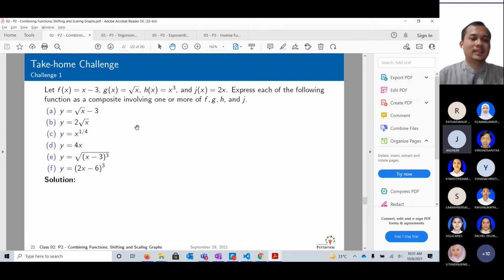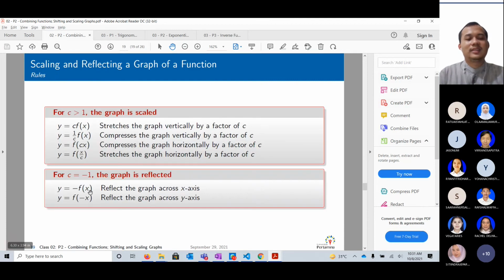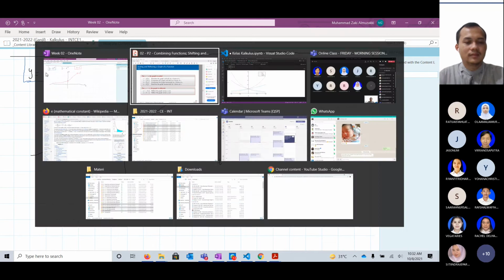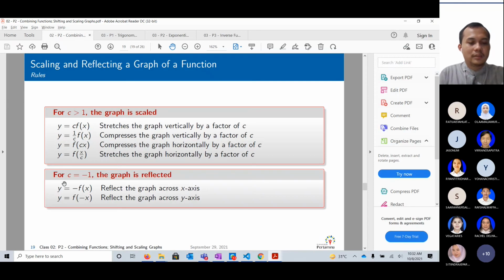Let's check. If we multiply f(x) by minus 1, in this case, it reflects the graph across the x-axis. So the graph of y equals minus 2 power t is the reflection of y equals 2 power t across the t-axis or y-axis? So we have this 2 power t and then minus. Here, which one, the top one or the bottom one?